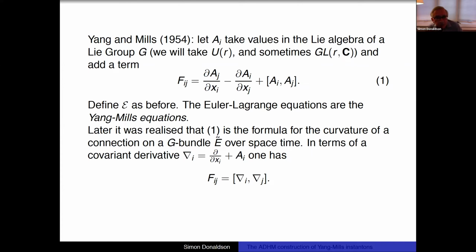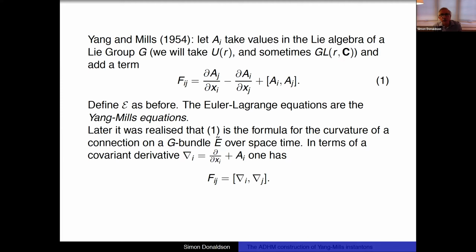Some years later, it was realized that this formula with the nonlinear term is exactly a very familiar formula in differential geometry for the curvature of a connection. From this point of view, the A's represent a connection on a bundle with structure group G. We'll actually talk about a vector bundle, which will be the most convenient formulation.